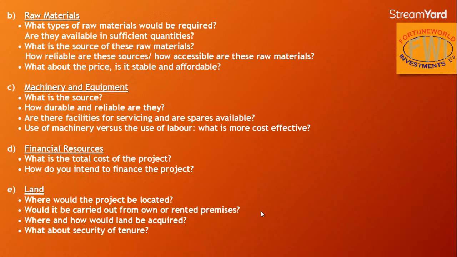You need the glue. You need the upholstery material to make that sofa. These, dear learners, are the raw materials that will be required for that particular type of business that you want to do. So what is the source of these materials?